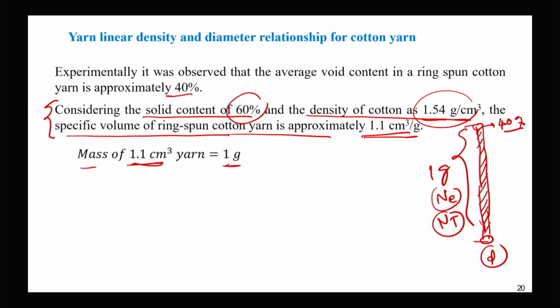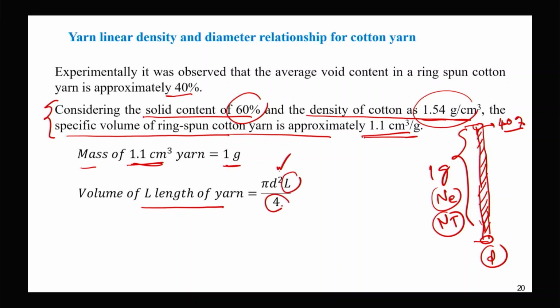The volume of a yarn of length L will be pi D square L by 4, where L is the length of the yarn and D is the diameter of the yarn.